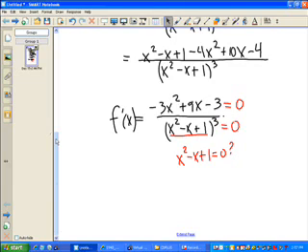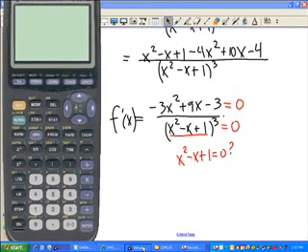If we go to the graphing part of the calculator here, there's my virtual calculator. I can turn it on first, type into the equation editor here x squared minus x plus 1, and then delete everything else that was there, and then graph it.